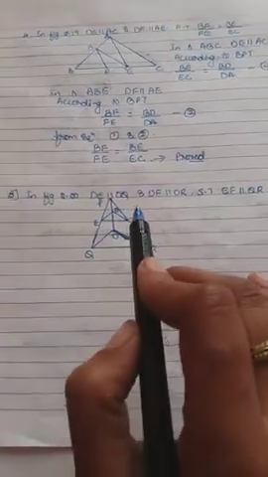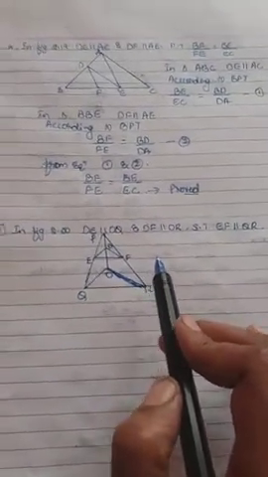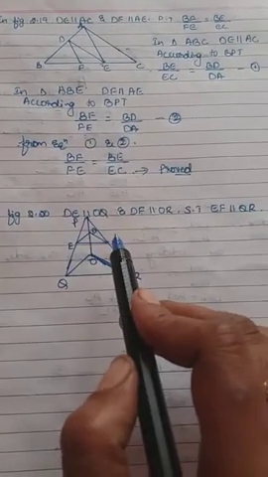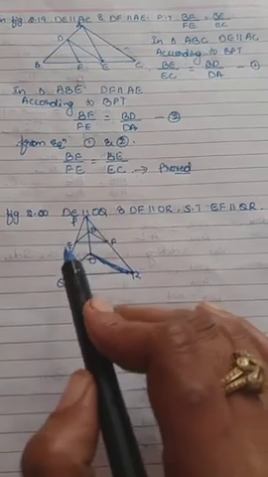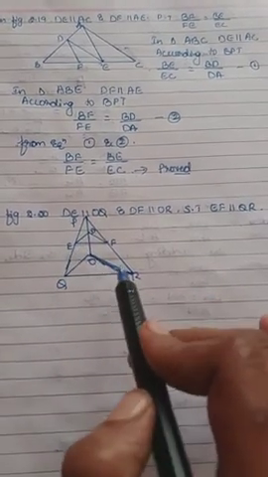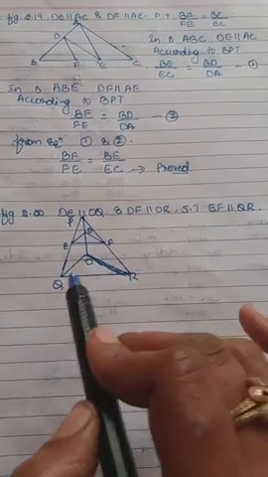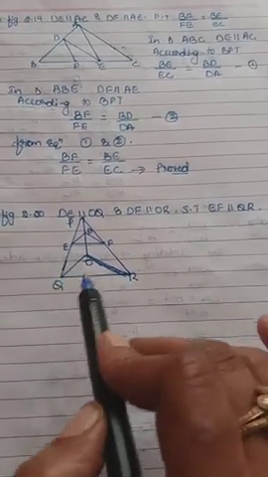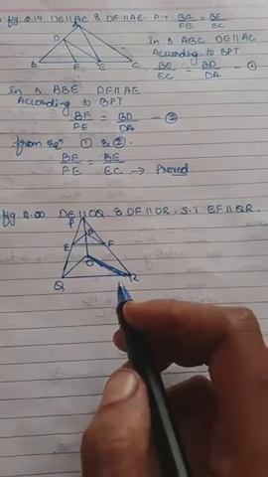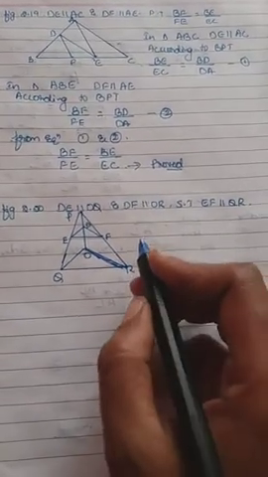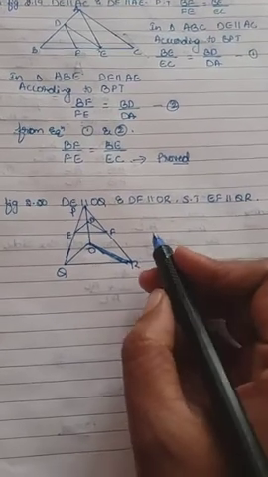The converse of the basic proportionality theorem: if any line cuts the two sides of the triangle in the same proportion, then that line is parallel to the third side of the triangle. Here we have to prove that thing only.